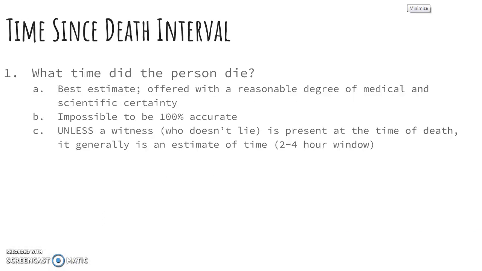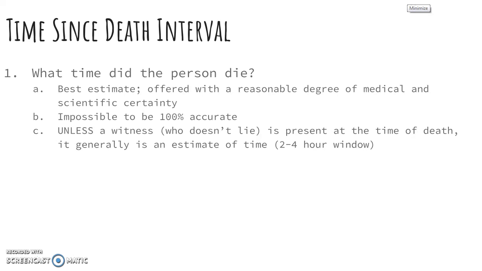So when we determine when the person died, so what time did the person actually die at? This is an estimate. We use medical knowledge and scientific knowledge to estimate it, and it offers a certainty of a time frame, but you can't specifically identify a certain time.